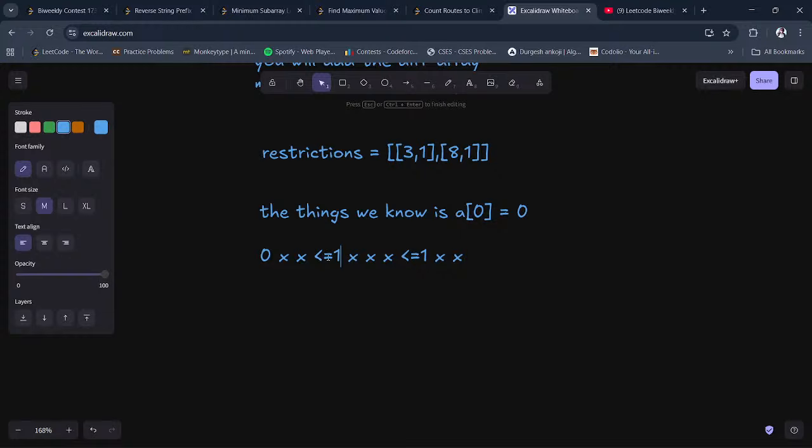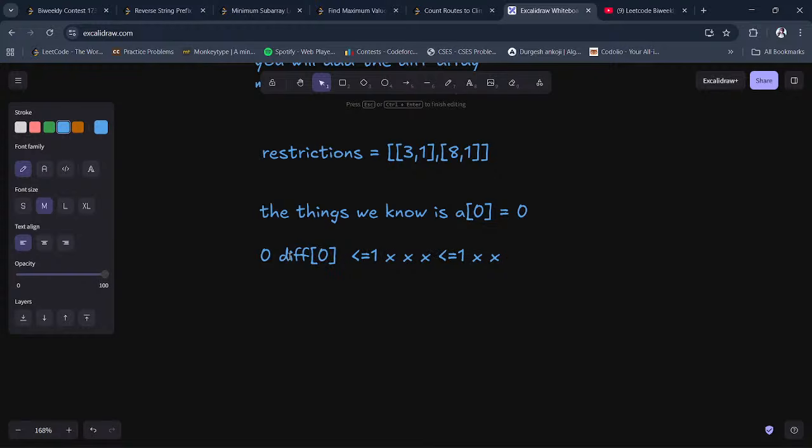So this is for sure. You cannot make this index greater than 1, right? And this is also sure. You cannot make it greater than 1. Then we can try to increment these values. This is nothing but difference of 0.